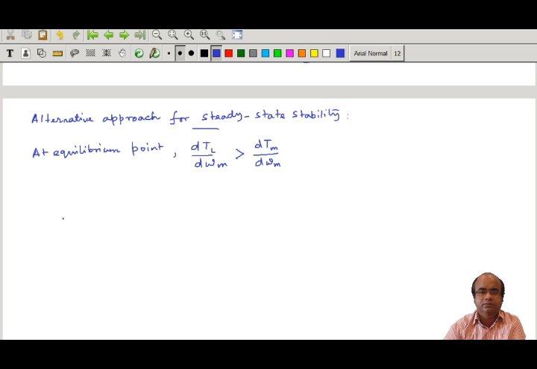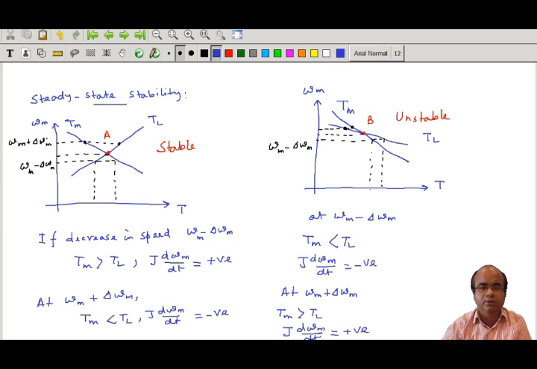Now, this is the equilibrium point of operation. Any deviation from this point, say if I consider these characteristics, at this point we can write Tm plus delta Tm, and at this point TL plus delta TL.